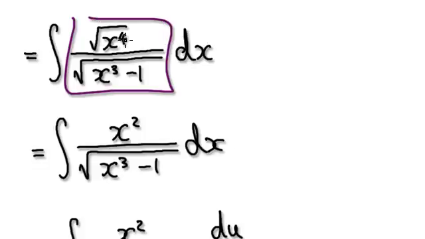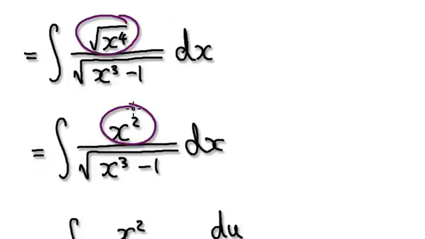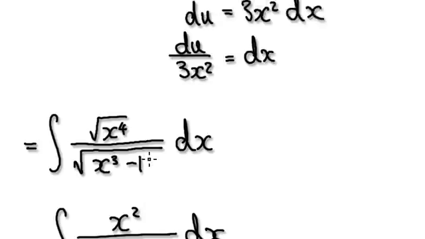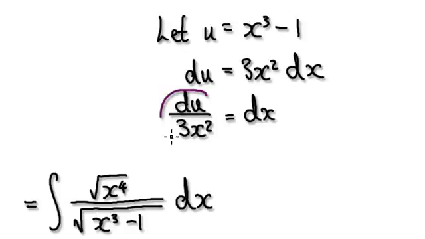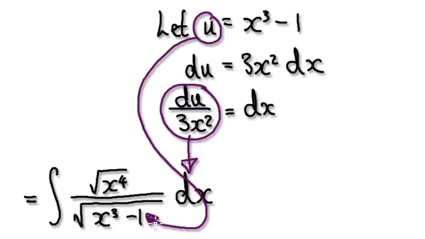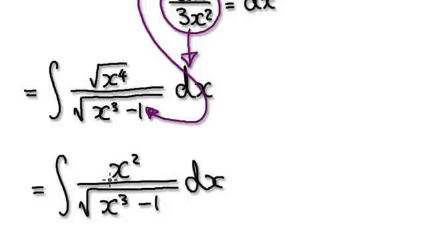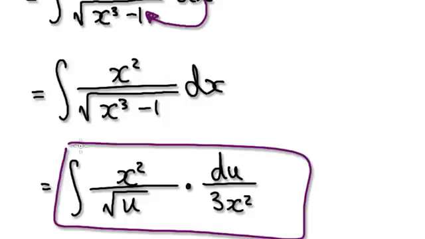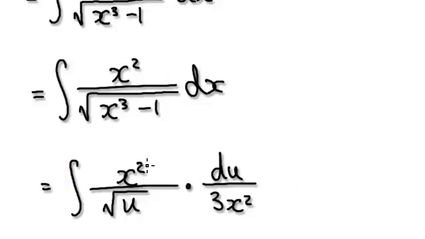Okay, that will then take us to here, and then this thing here then becomes x squared, and then put the u into this thing here. Okay, so that will then take us to here. That will then take us to here, and then now this will cancel out with this.